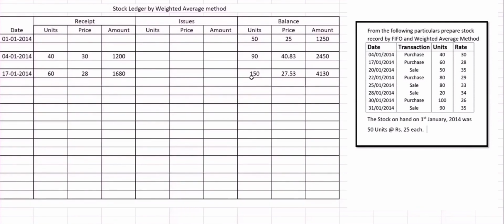After that we are having transaction on 20th January 2014. So here how many units we are issuing? We are issuing 50 units. So rate is coming as 27.53.